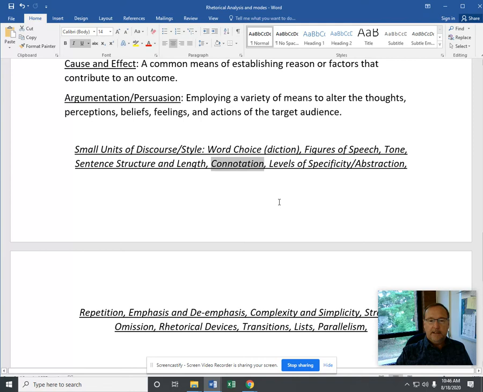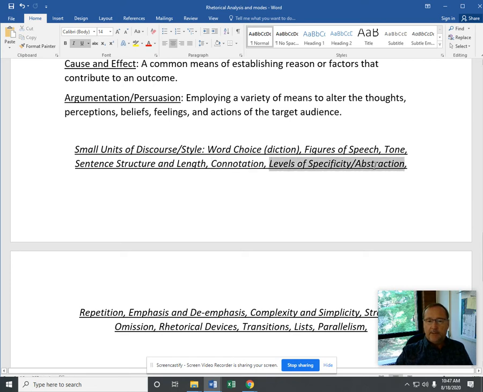We have lots and lots of different ways to describe the very same object, but the words that you choose, and of course that ties in with diction as well, choosing those words and choosing the appropriate emotional level to elicit a particular response. Again, we want to get used to using that in our own writing, but we also want to be able to analyze it in other people's writings and see the different ways in which that's used effectively.